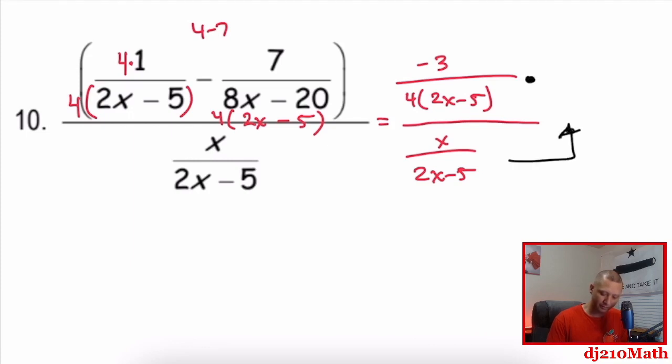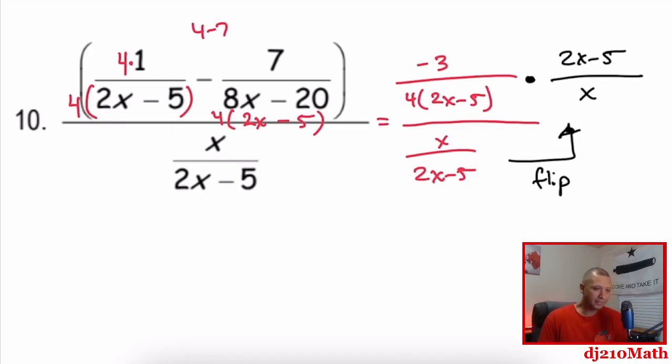And then we flip the bottom. So this is going to be 2x minus 5 over x. And this is nice because when you're multiplying two fractions, it's like basically one big fraction. And so we can cancel out the 2x minus 5, 2x minus 5. Let's do a different color. So in the end, we're going to get negative 3 up top for x in the bottom.